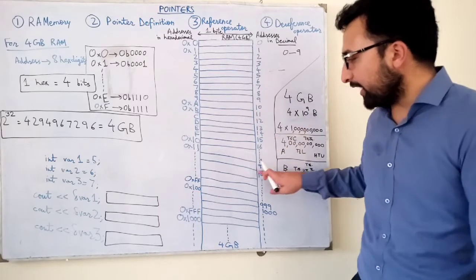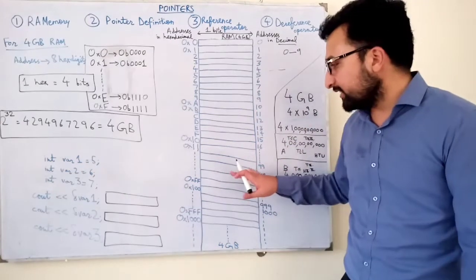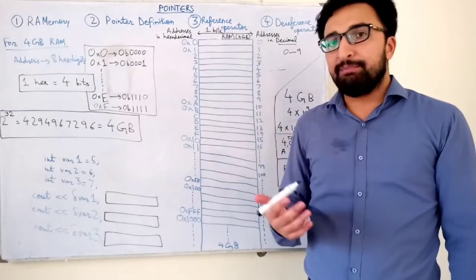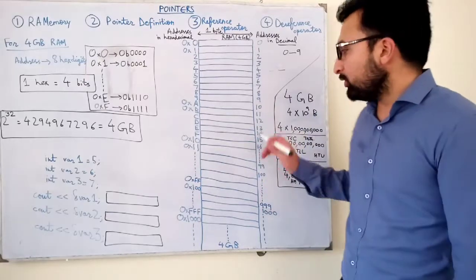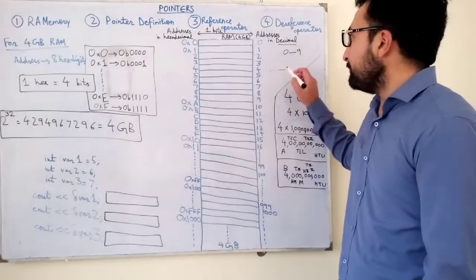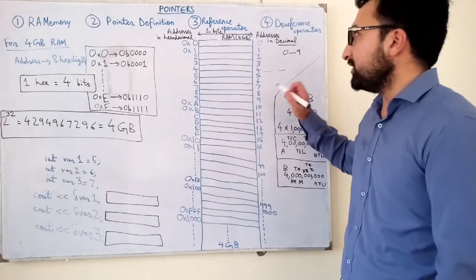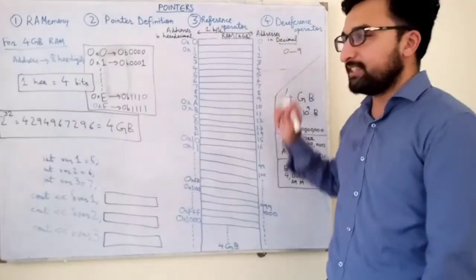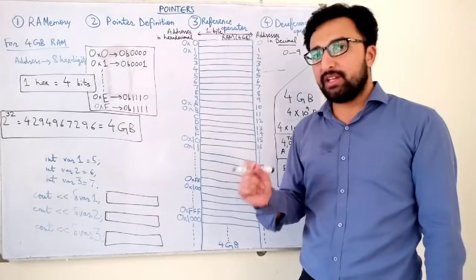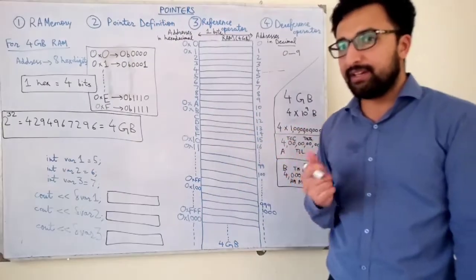Similarly, when we are going to access the 101st byte of the RAM, we will need to address that byte distinctively with the help of a third decimal digit, if the addresses are in decimal. However, actually the addresses are not in decimal, and we will see a reason for that.